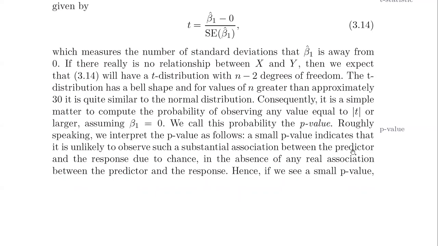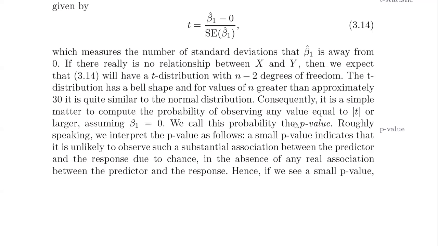Let's see how much we can salvage from this paragraph. Roughly speaking, we interpret the p-value as follows. A small p-value indicates that it is unlikely to observe such a substantial association between the predictor and the response due to chance in the absence of any real association.